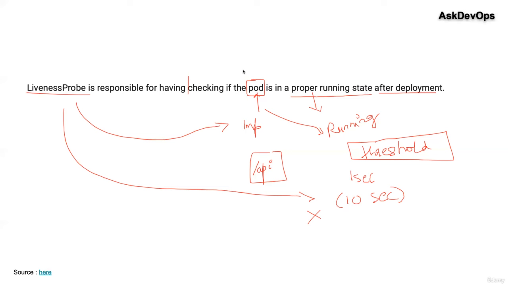Speaking about the threshold, I would like to mention that every pod takes its own time to spin up. There is no standard pod spin-up time. Hence, if your company has an application deployed as a part of Kubernetes, the pod might take maybe 5 seconds, maybe 10 seconds.